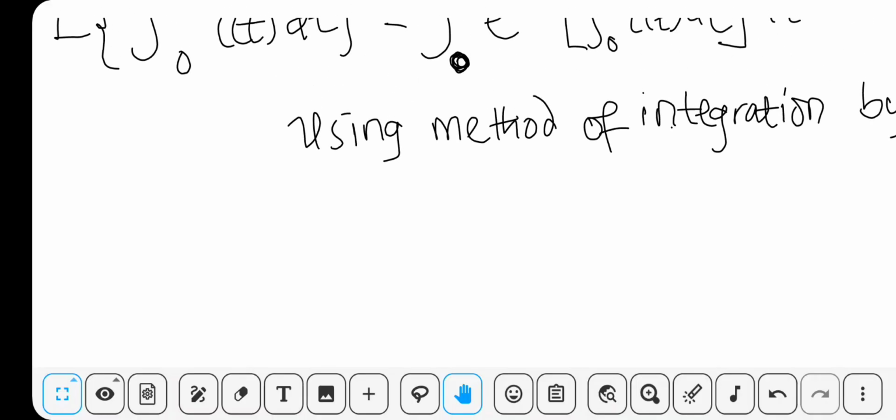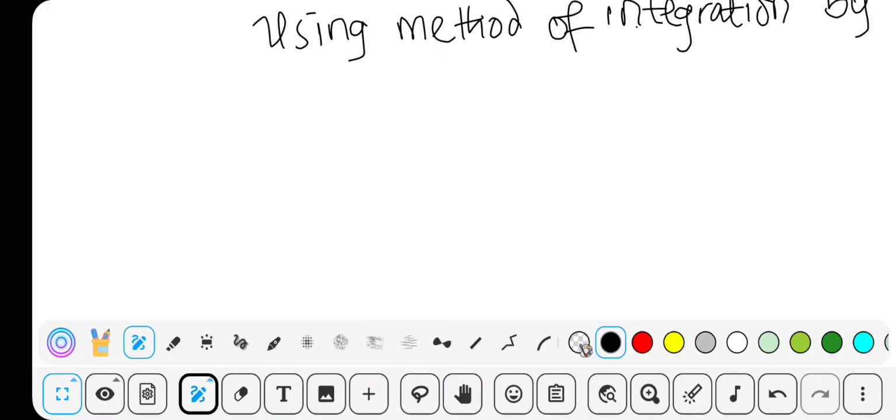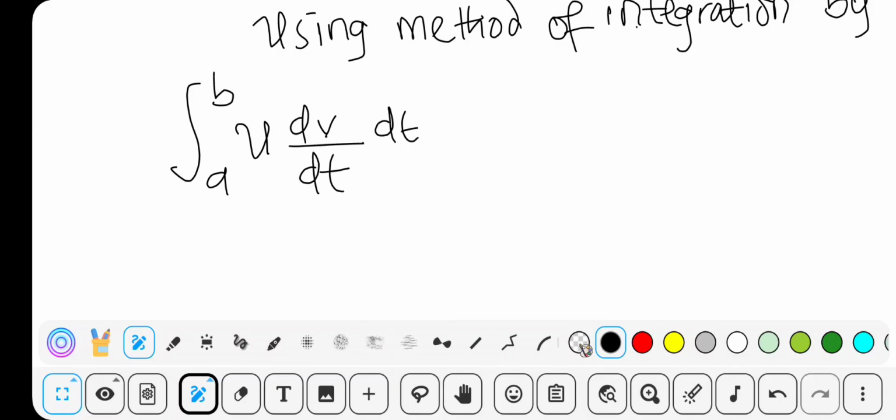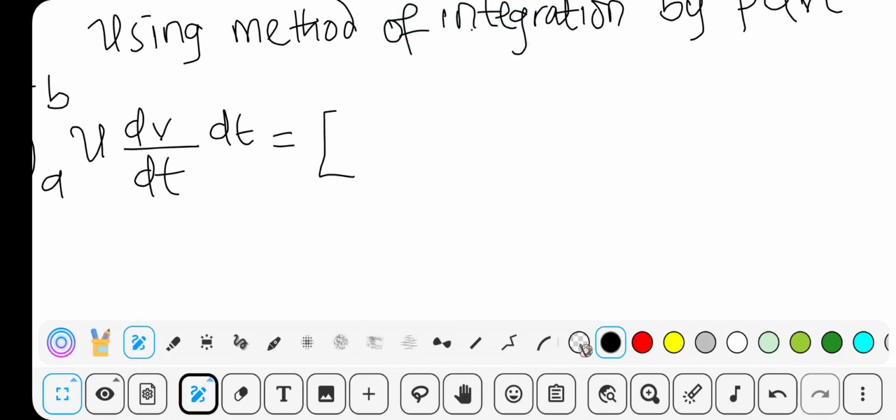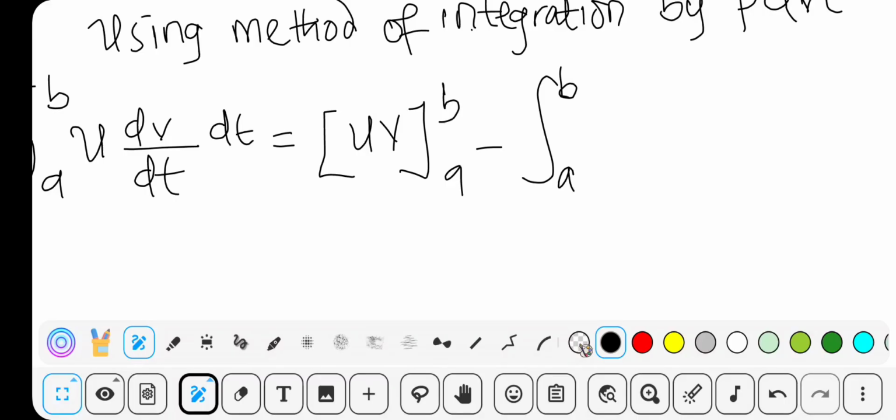So the first one, using the method of integration by parts, the first formula for definite integral, you have the integral from a to b of u dv/dt dt is equal to uv from a to b minus the integral from a to b of v du/dt dt.